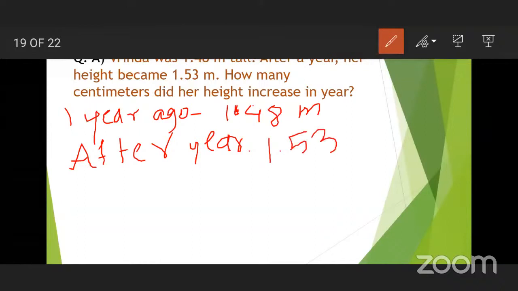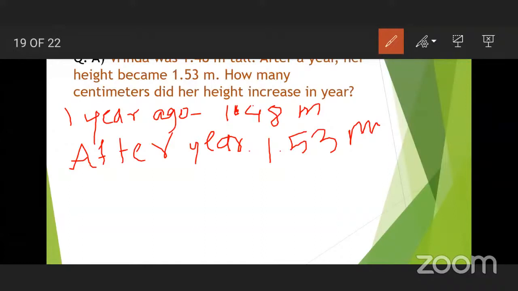1.53 meter, but they want the increased height in centimeter. See here, how many centimeters did her height increase in a year?